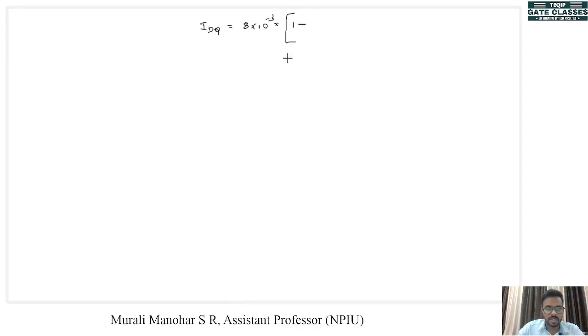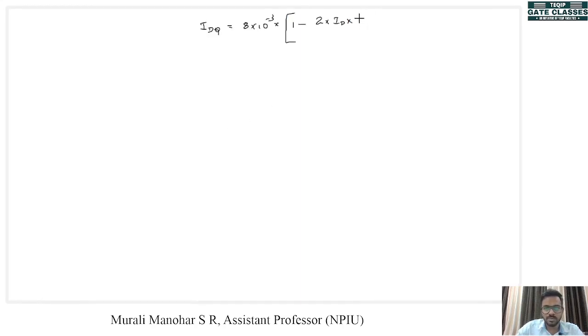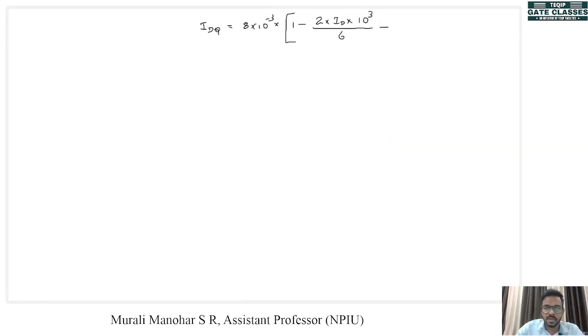So 1 minus 2 into ID into RS, RS is 1 kilo ohm, so 10 to the power 3 divided by 6, plus ID square into 10 to the power 6 divided by 36, right?